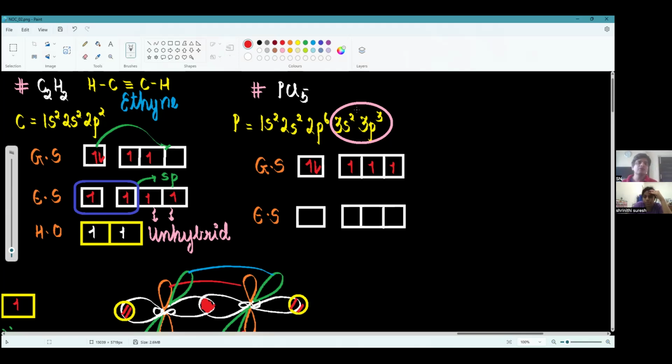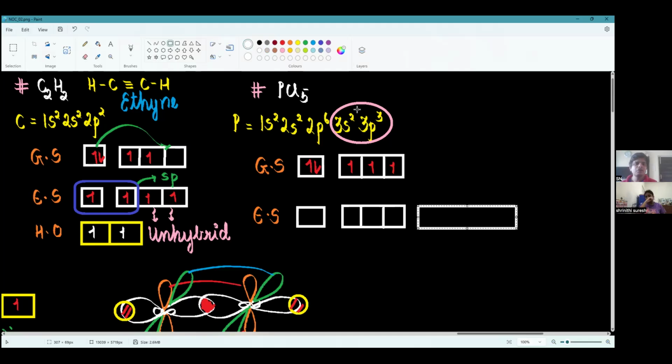So now what is going to happen is one of the electrons from 3s will jump into the 3d orbital. Since phosphorus belongs to period 3, it has d orbitals present, whereas nitrogen, which is the second period atom just above phosphorus, does not have d orbitals.